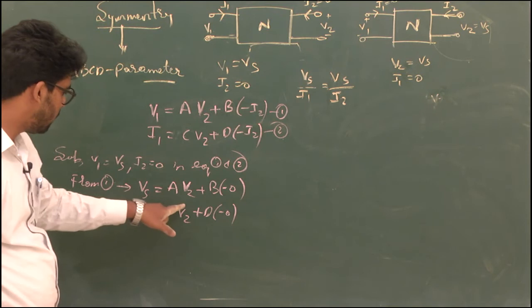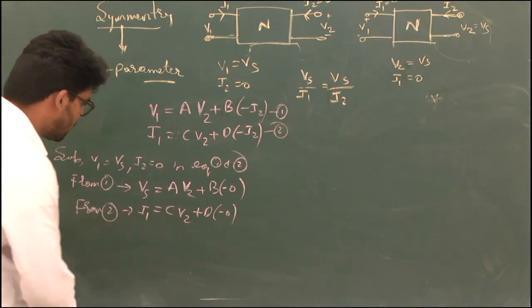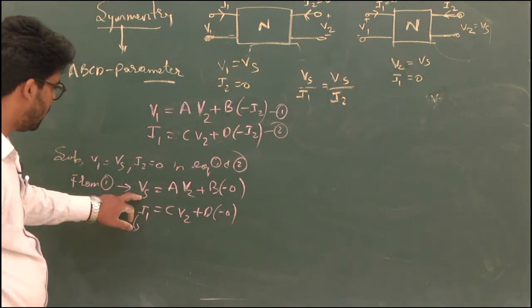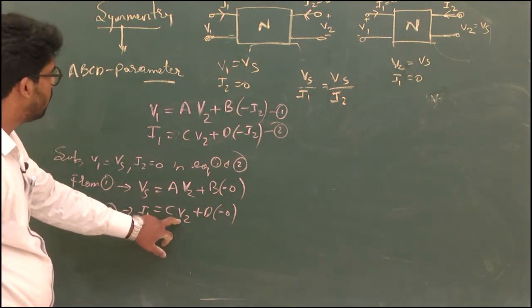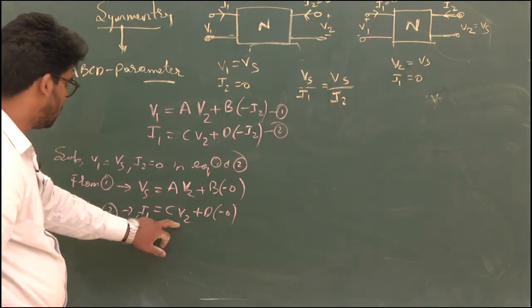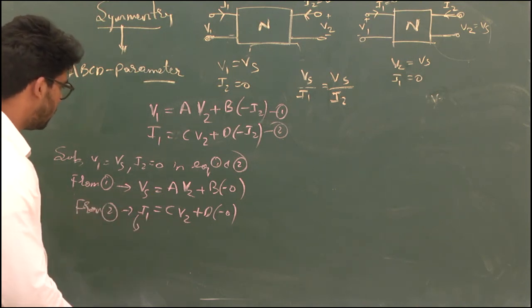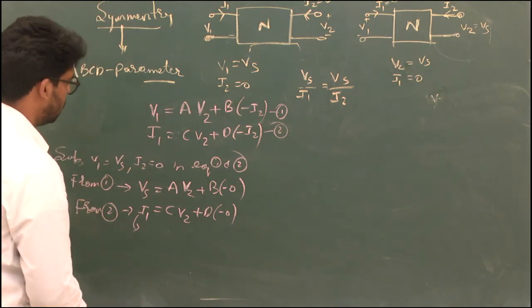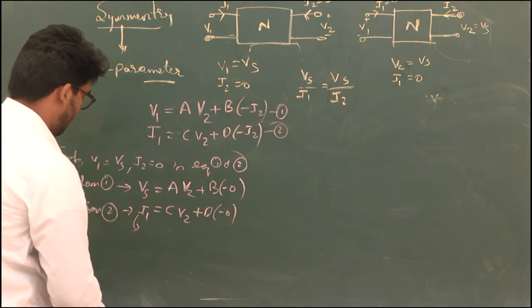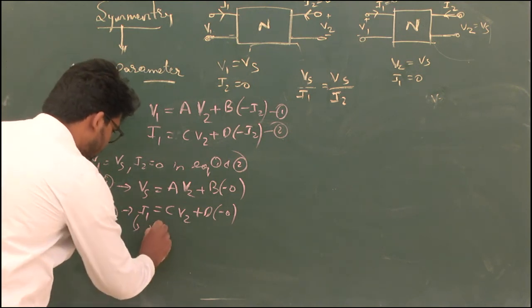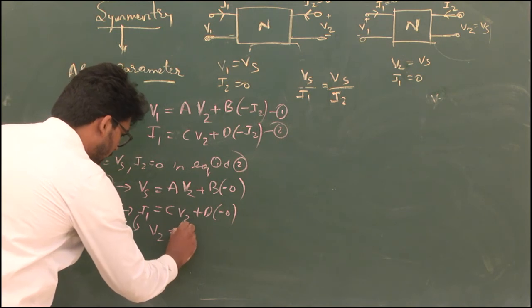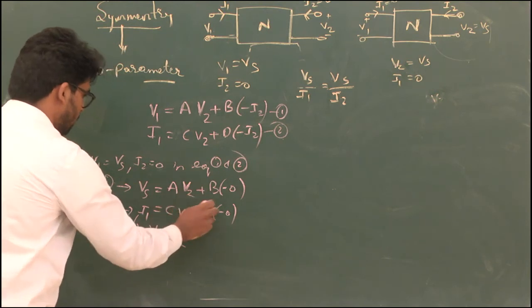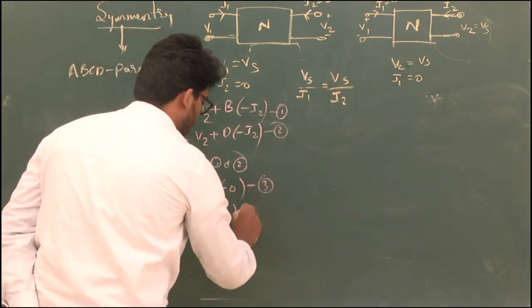We need Vs by I1. So from this equation we get V2 equal to I1 by C. Let us say this is equation 3 and this is equation 4.